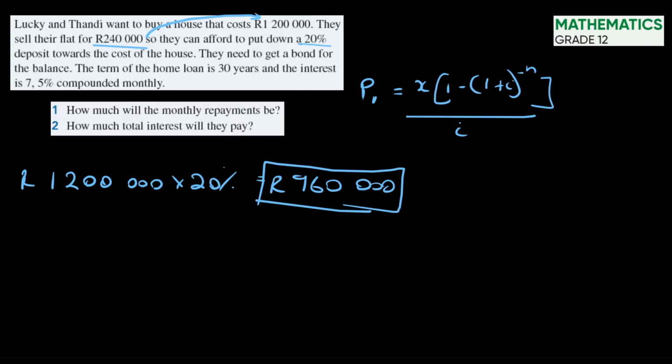So this will be our key present value. This is what we'll be owing. It should be 960,000.